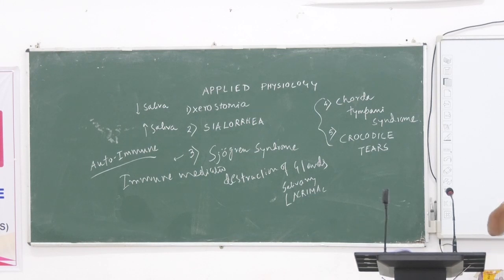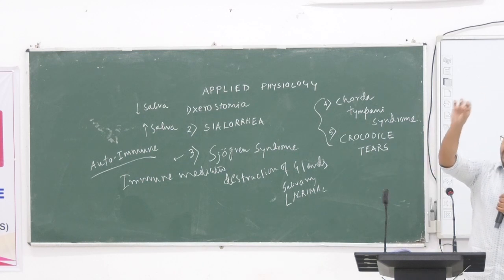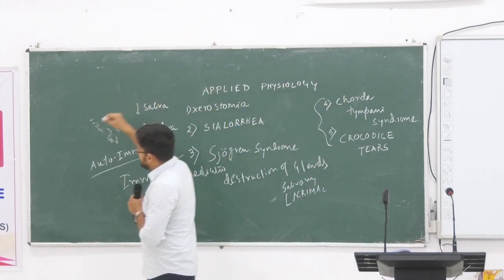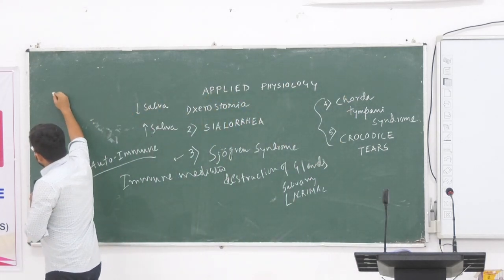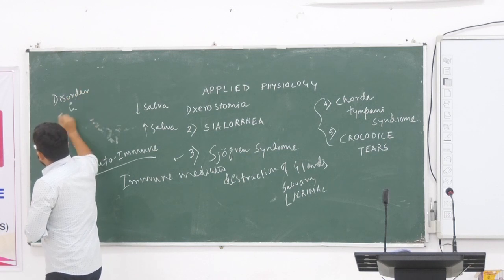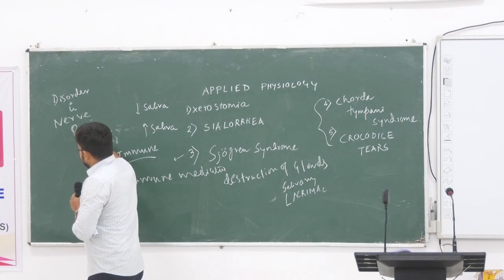Now how is this at all significant to this scenario? Basically these two areas, 4 and 5, are a disorder in nerve regeneration. Now let me explain what that is.